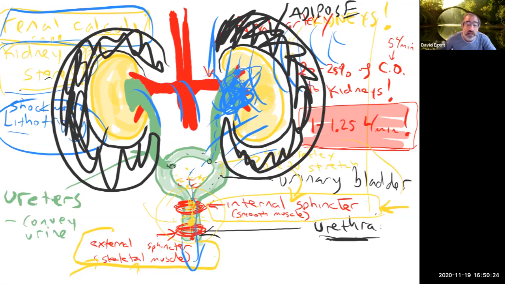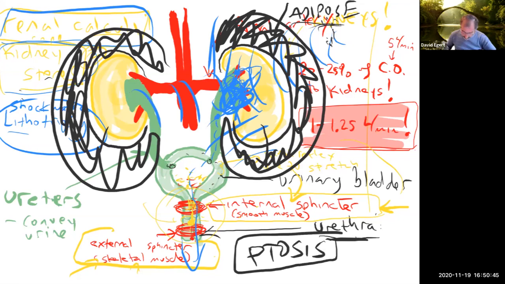The reason I am mentioning this is that this can be another clinical thing that happens: somebody who is anorexic, for instance, and losing way too much of their adipose, becoming way too skinny, can actually have the whole kidney drop.